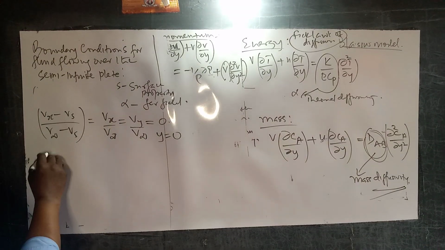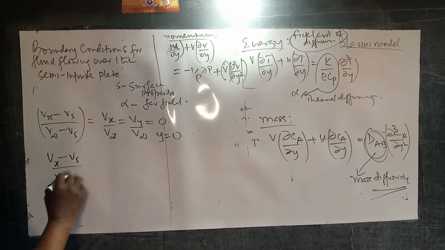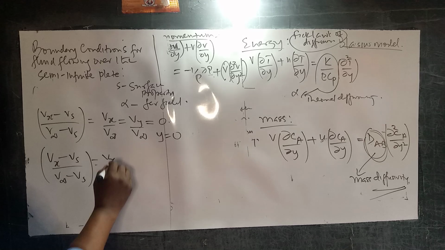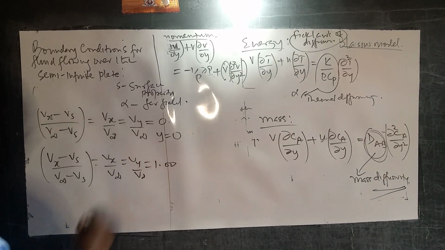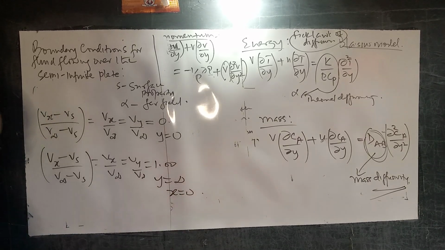And the boundary condition, Vx minus Vs over V infinity minus Vs, once again still Vx over V infinity, will be equal to 1.00 when y is infinity or x is equal to 0.